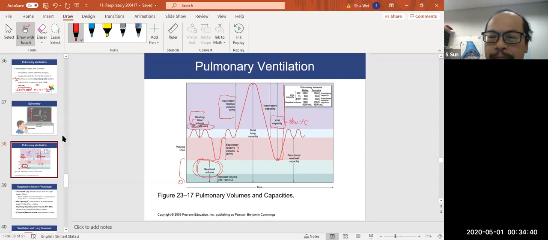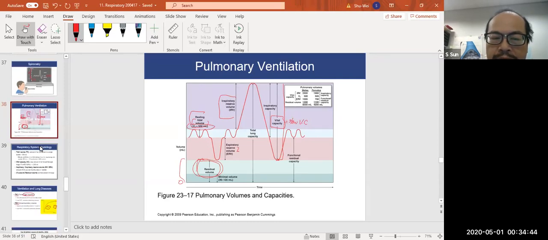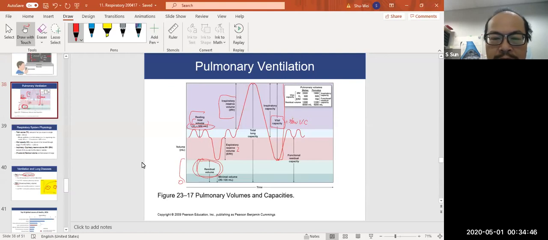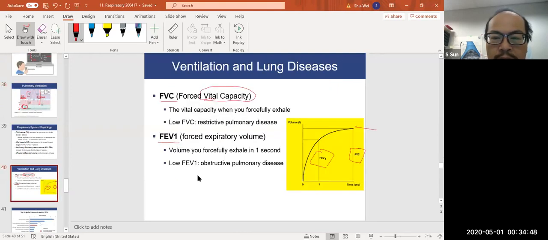So we can use the spirometer to measure that. We can also just force it, blow it out, and measure the FVC, forced vital capacity. So this is basically the largest vital capacity that we can measure.